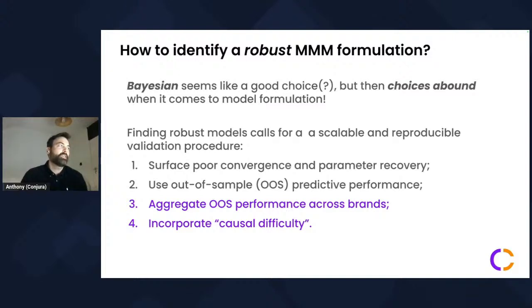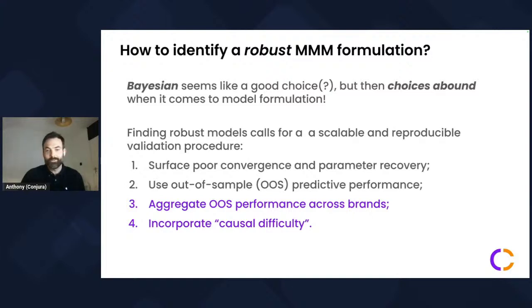But in thinking about what is a generally good model, we want to look at how performance looks across multiple brands. How do we aggregate that to find a leaderboard amongst all possible formulations?